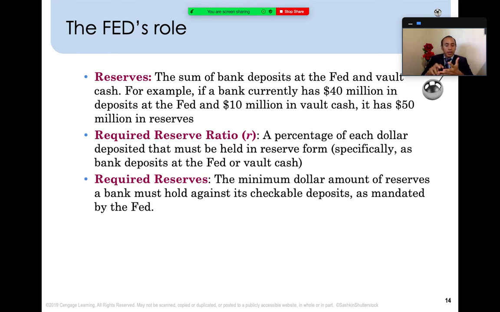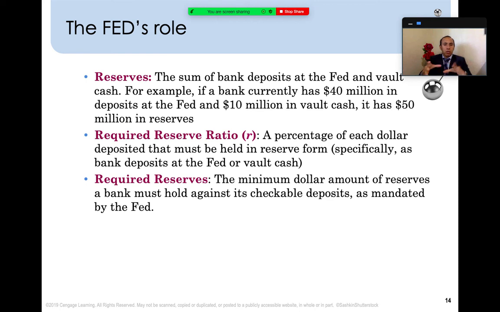The Fed's role is, of course, to maintain stability and the monetary base, regulate interest rates, and they also set the amount of reserves that banks need to have within their vault in order to maintain liquidity. The reserves are any sum of bank deposits that banks need to have at the Fed, or in their vault, for them to be in good standing.